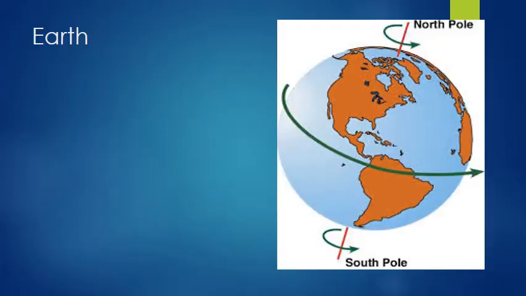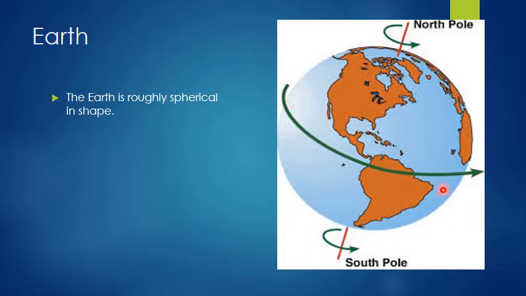So now guys, let's continue talking about our lesson. We're going to learn about our home planet, Earth, and mainly about the way it moves and how this affects our daily life. So the Earth, as you can see guys, is roughly spherical in shape.